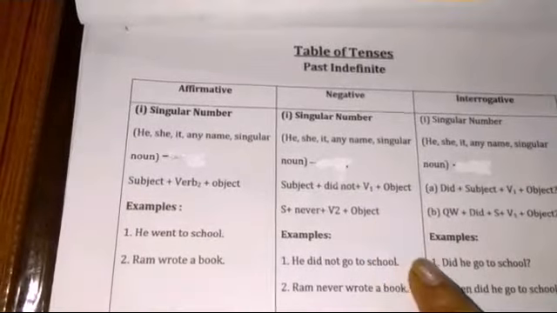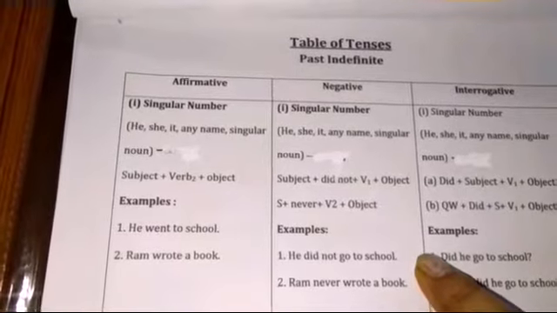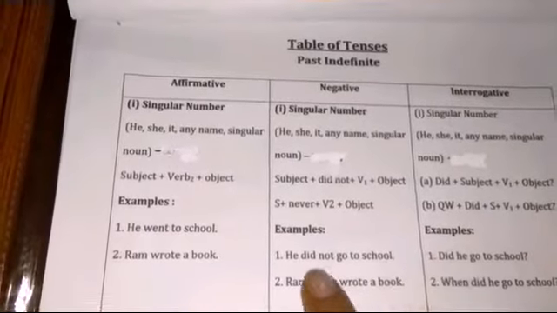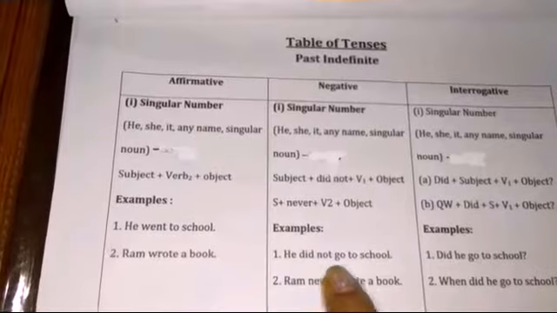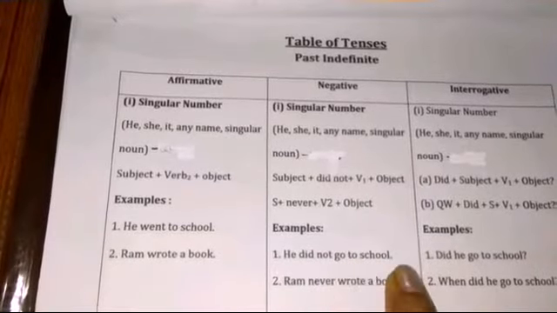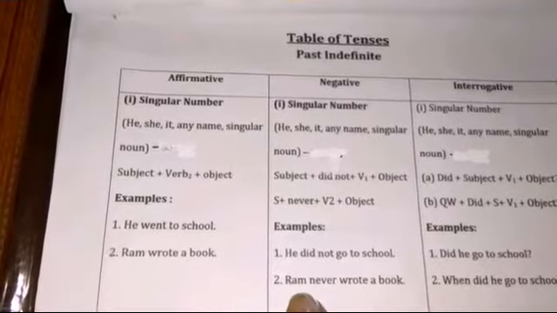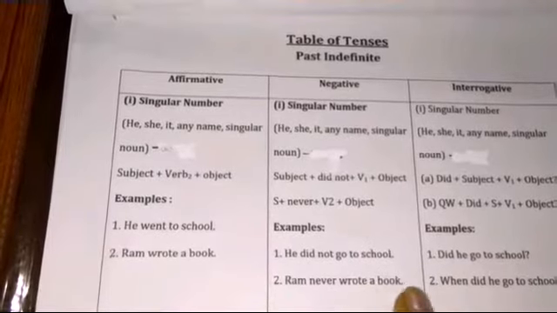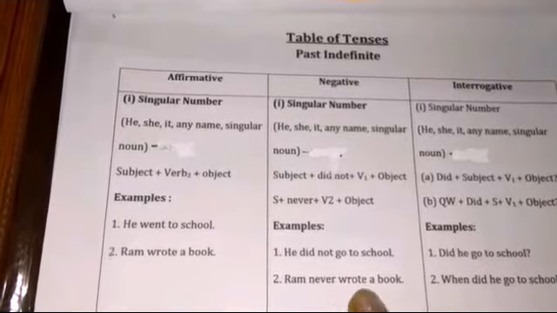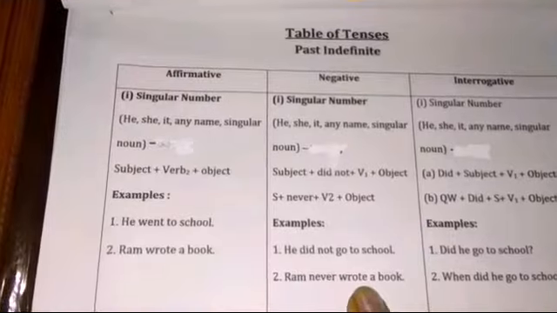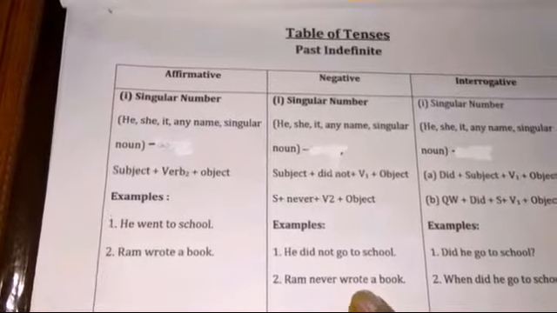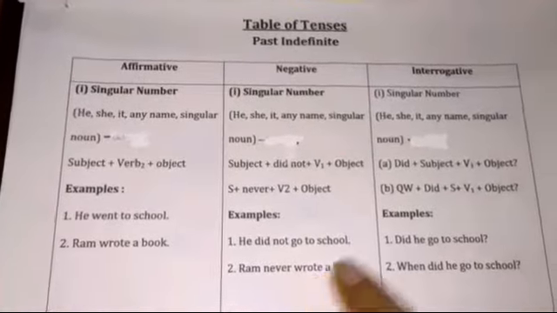Okay, so these are the examples. He did not go to school. So he, then did not, then V first and then object. Ram never wrote a book. With never we use V second. Okay, got it? Now let's move on.